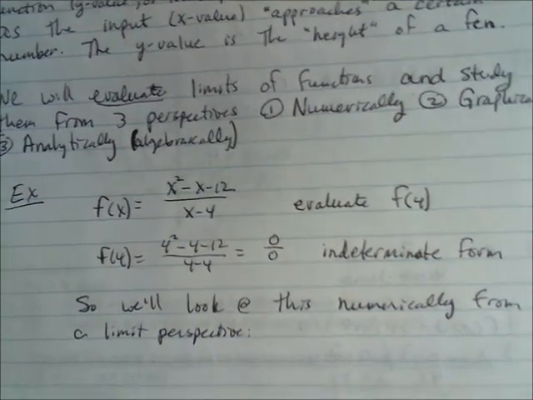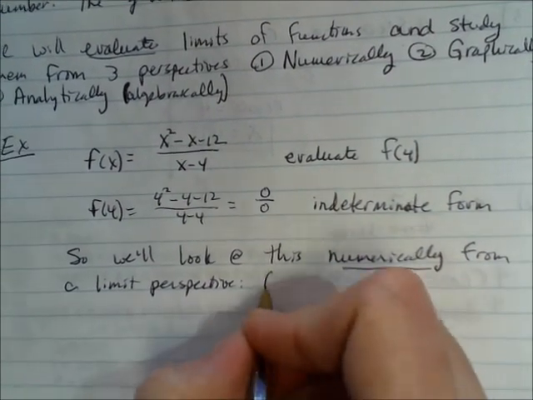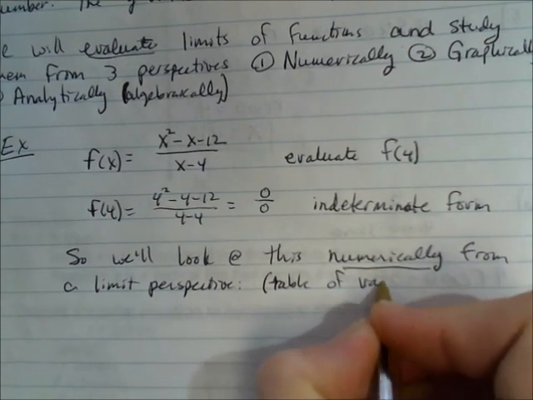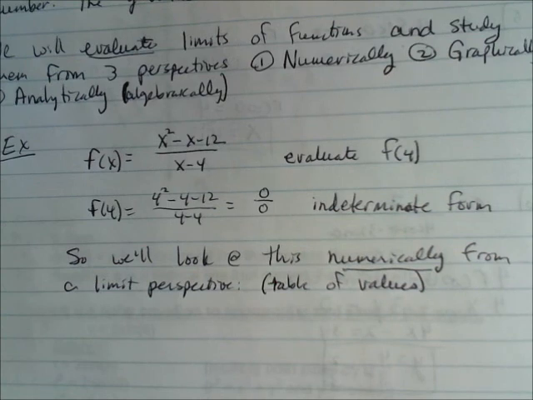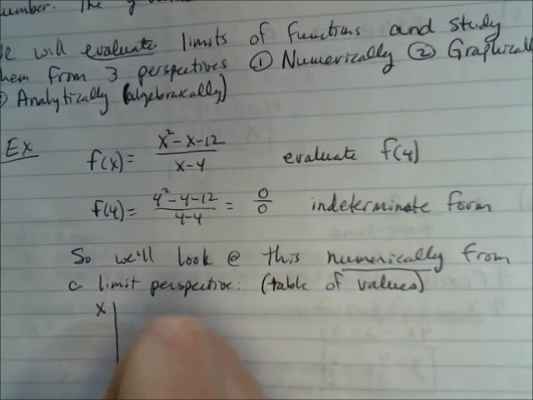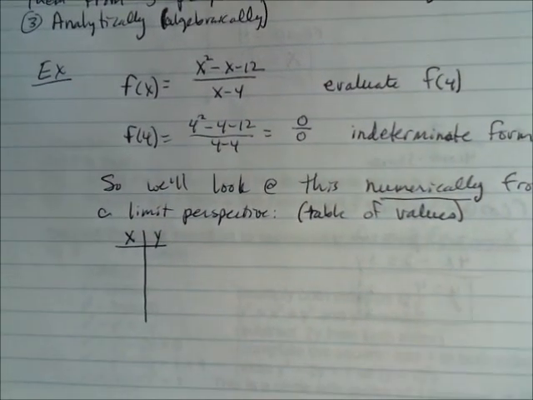Okay, when we look at something numerically, numerically means a table of values, and when we look at a table of values, the graphing calculator will be very helpful in quickly evaluating these. So let's look at some XY values right off from the table in our calculator.